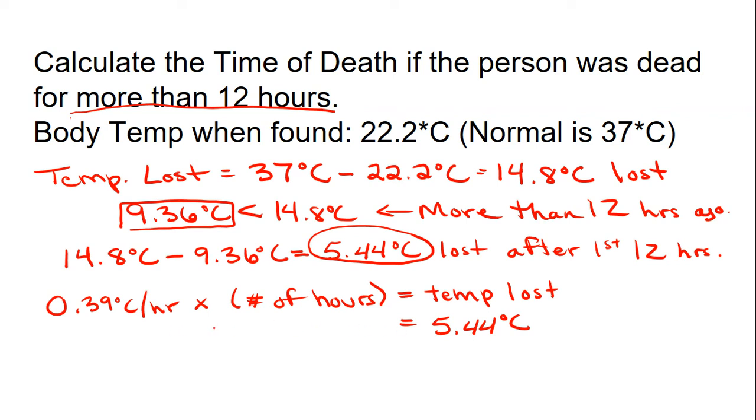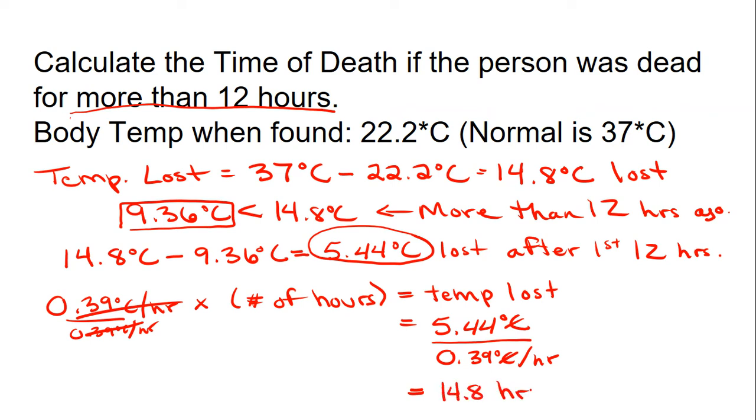So I'm going to divide both sides by my rate, just like we did before, but this time we're using the 0.39. Those cancel, my little Celsius cancels, and what I end up getting is 5.44 divided by 0.39 is going to be 14.8 hours. Now, this is not your final answer, okay?